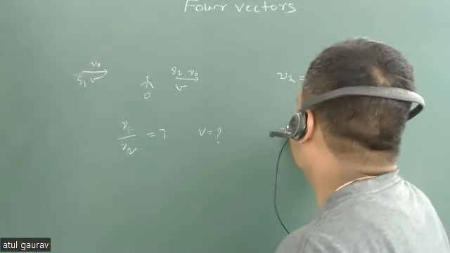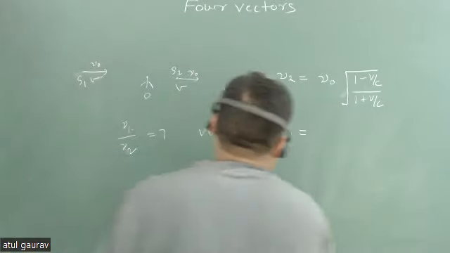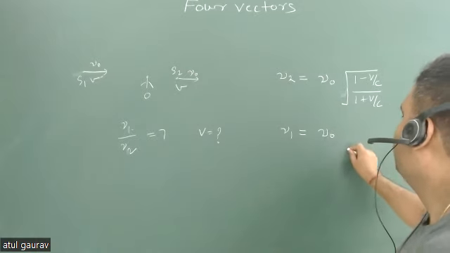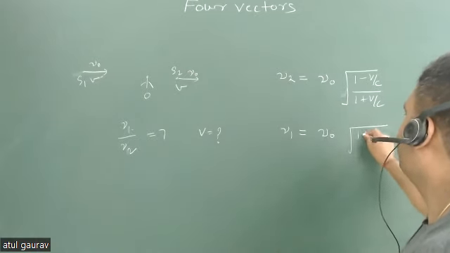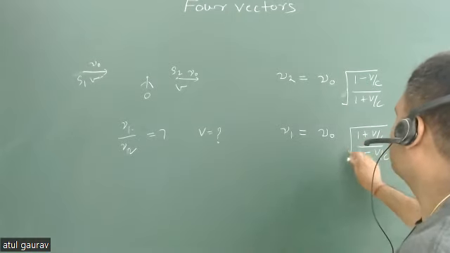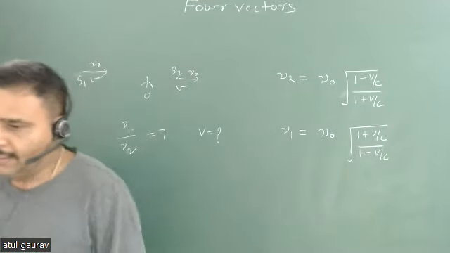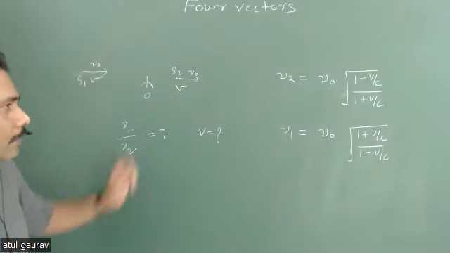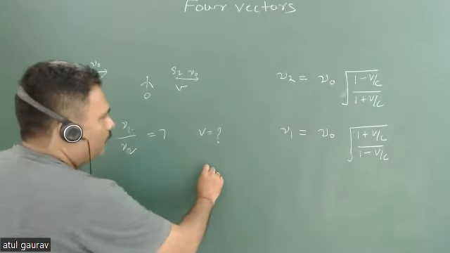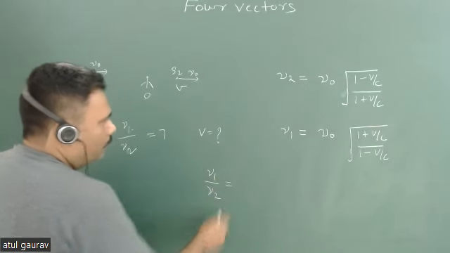What about nu1? This is moving towards the observer, but in line. So this value is nu naught times the square root of 1 plus v upon c over 1 minus v upon c. And there is one relationship given, nu1 by nu2 is equal to 7.